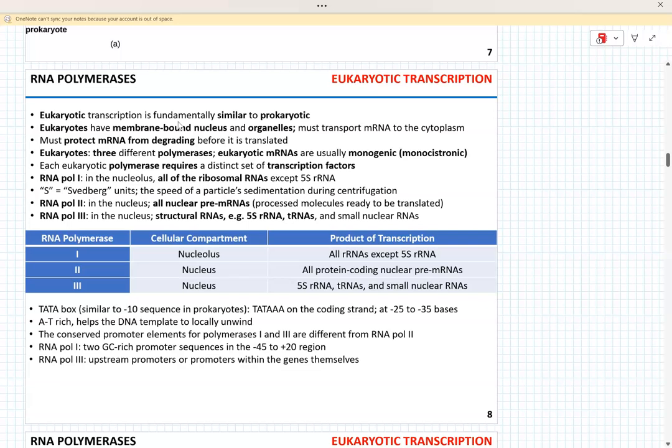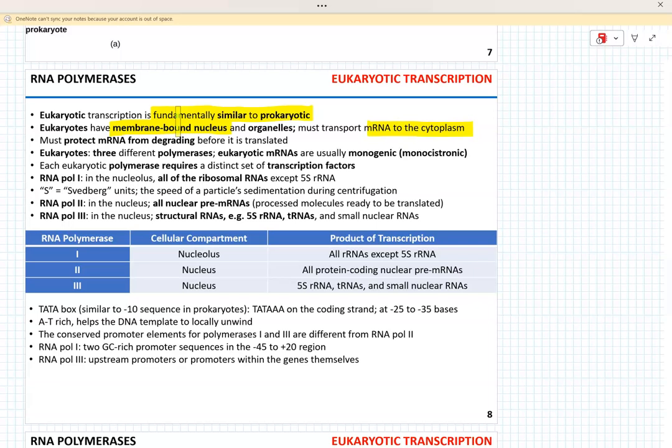Conceptually, eukaryotic transcription is similar to prokaryotic. However, there are some differences. So first of all, mRNA must be transported to the cytoplasm because eukaryotes have a membrane-bound nucleus. They also must protect mRNA from degradation before it can be translated. Therefore, there is a requirement for some post-transcriptional modifications.